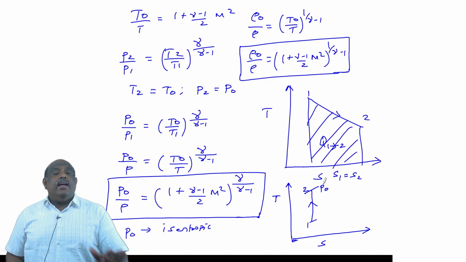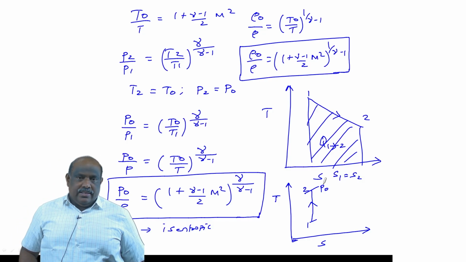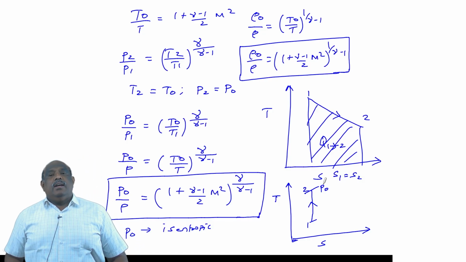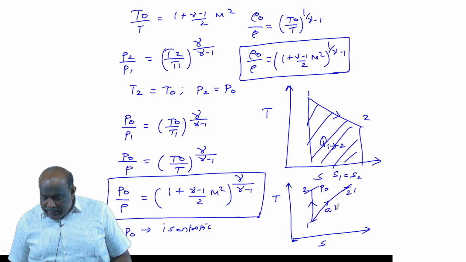I can get P naught only if I travel vertically from 1 to 2 along the positive y-axis. On the other hand, I will try to move from 1 to 2 dash. This process 1 to 2 dash is called as adiabatic.